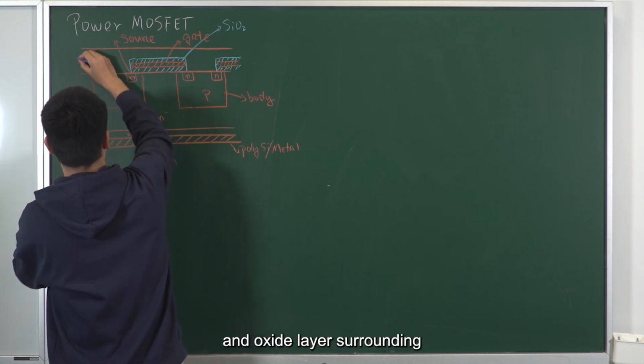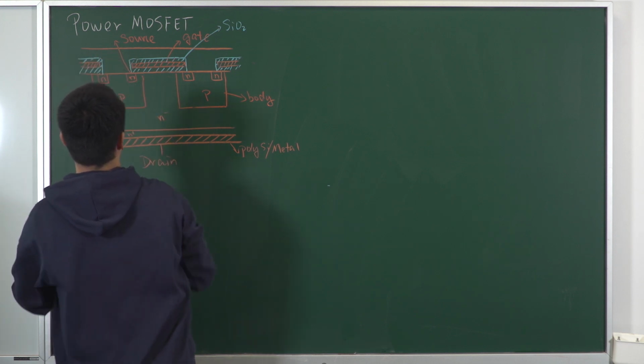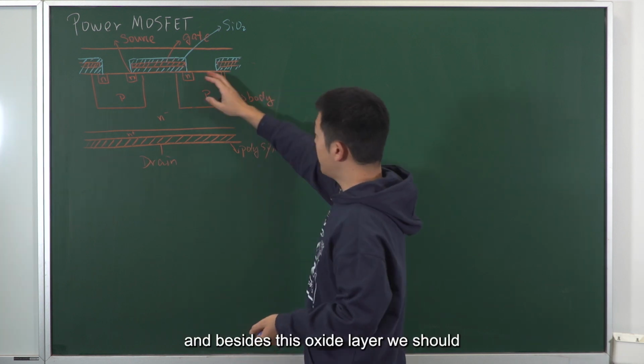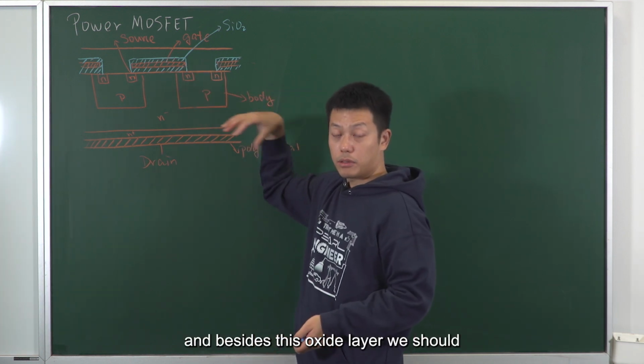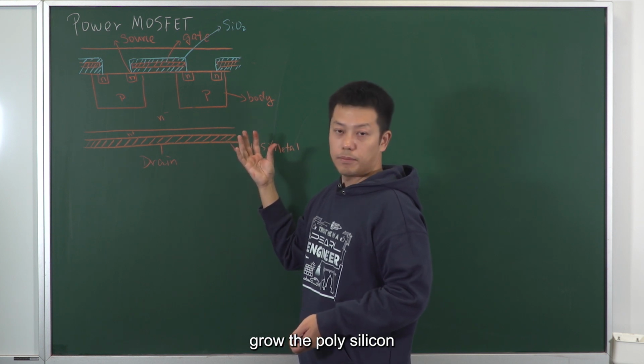And the oxide layer surrounding it. And besides this oxide layer, we should grow the polysilicon.